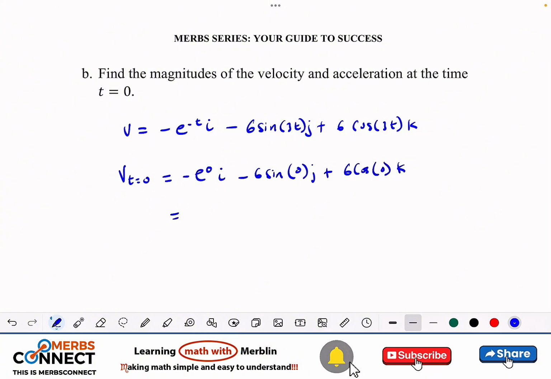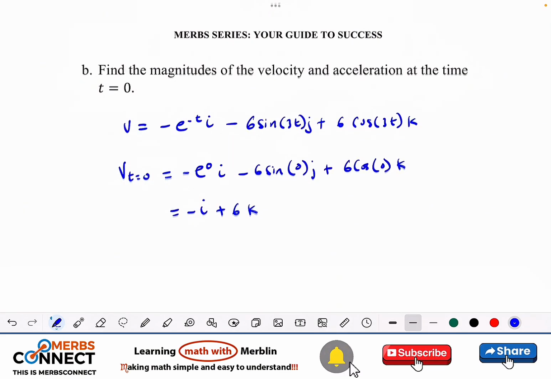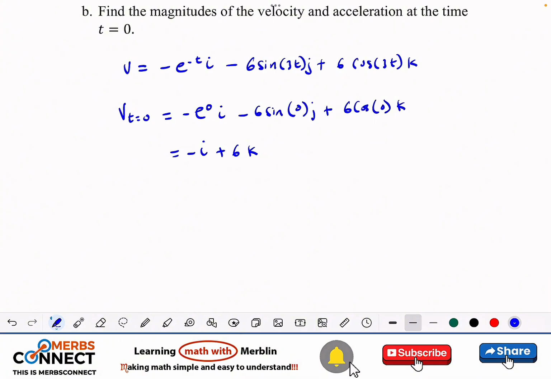So now what is e to the power 0? 1, right? So this is going to give us minus i. And then what is sine 0? Sine 0 is 0. So everything here goes to 0. And what is cos 0? Cos 0 is 1. So we are going to have plus 6k. So now that we have gotten something like this, we can find the magnitude.